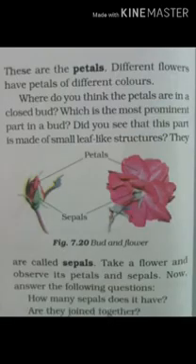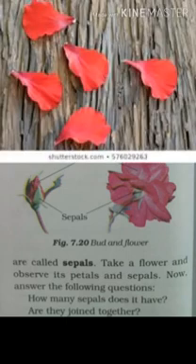Let's discuss the different parts of a flower. And after watching this video, you can collect some flowers and remove these different parts and observe for yourself by doing this activity, which is mentioned as activity 10 in your textbook. So what you see as the most colorful part of the flower are called its petals.